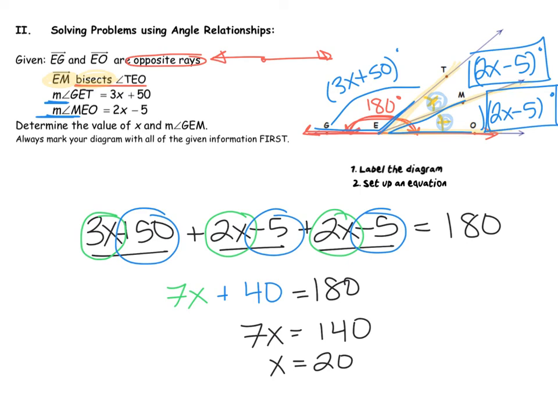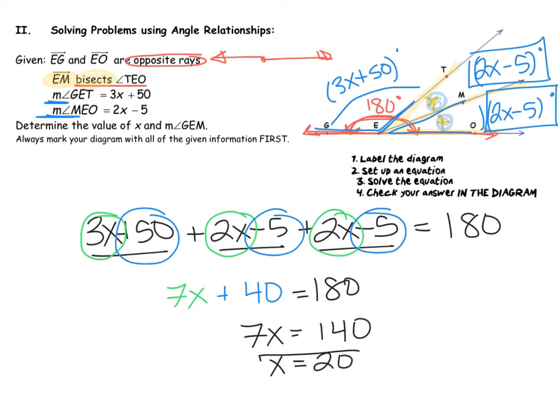And now I am going to go back in and make sure that this makes my geometry correct. In algebra, we just need to make sure we solved correctly, but here we need to make sure that all of our angles have positive measure. So we're always going to go back and plug into the diagram. I'm going to go back into the diagram with my x equals 20. 3 times 20 is 60.